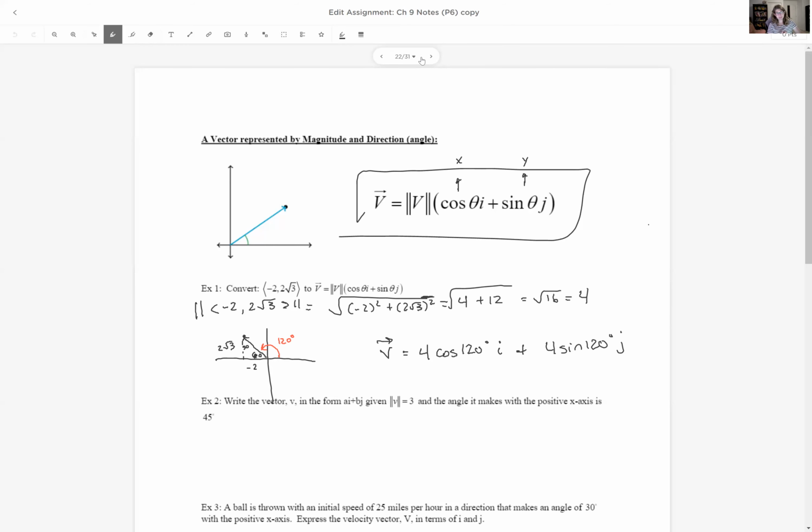Certainly a little confusing, but we're just finding the angle and how long the vector is. It's making us think polar-wise.